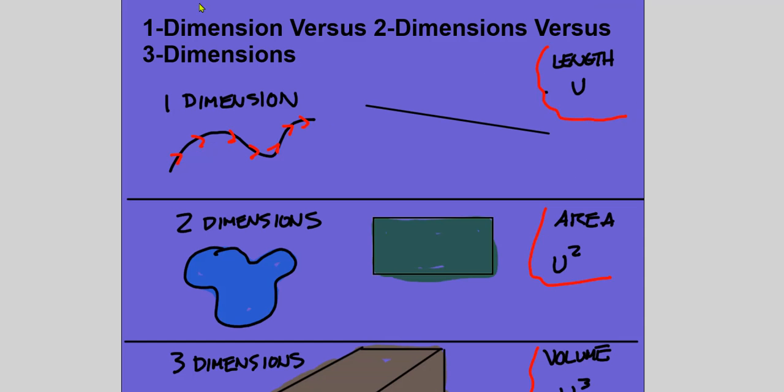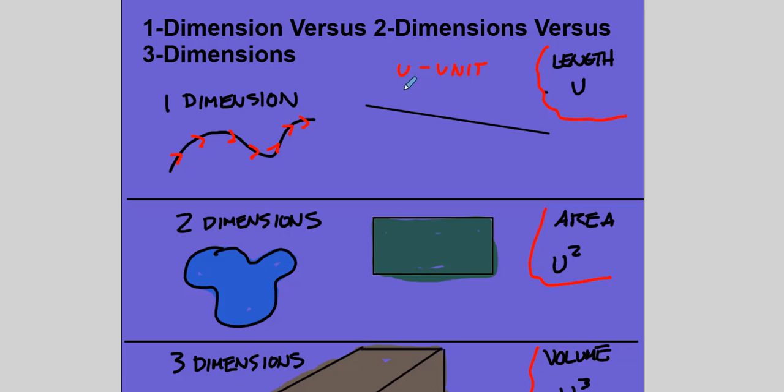So starting out, let's briefly talk about one-dimensional measurement versus two-dimensional measurement versus three-dimensional measurement. So one dimension is basically a length, and when I write U here, I mean unit.